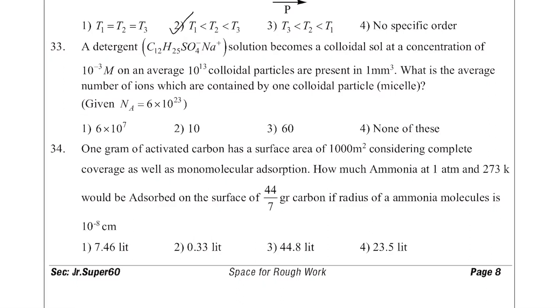Okay. So from here, what we can do, see here now, as per the question, we are supposed to calculate the average number of ions which are contained in one colloidal particle, that is 1 Micelle. So for that, first we can calculate the total number of particles.